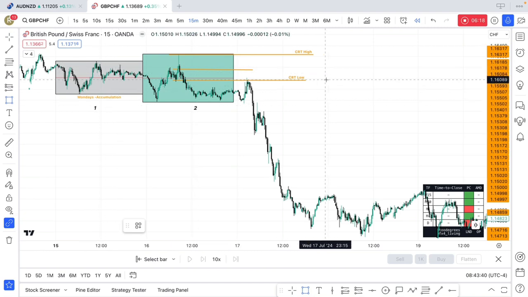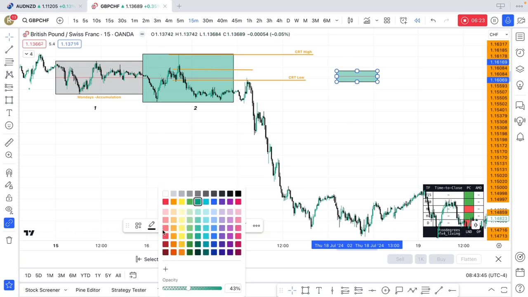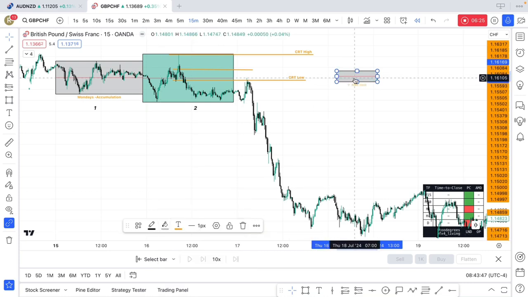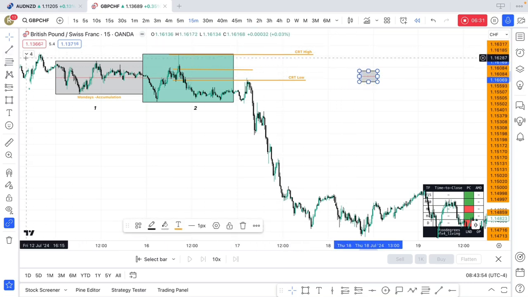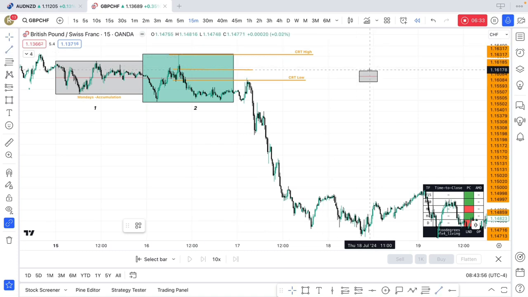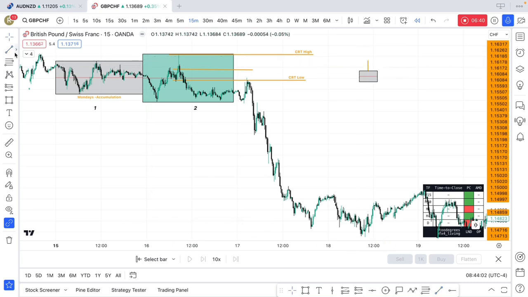So this is how the candle looks. This is a candle that I just created, and it has a wick. This is the wick of the candle, the high and the low.